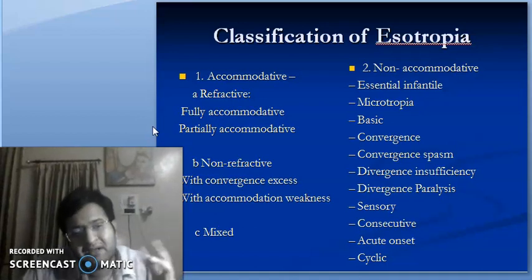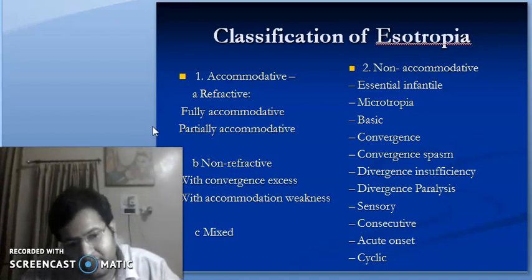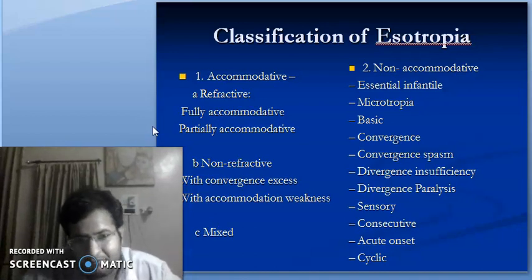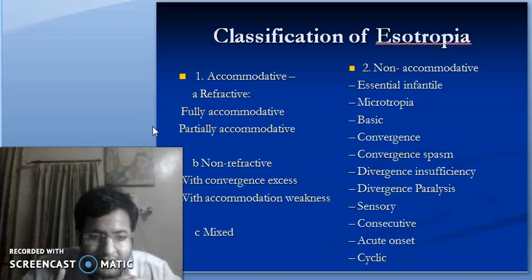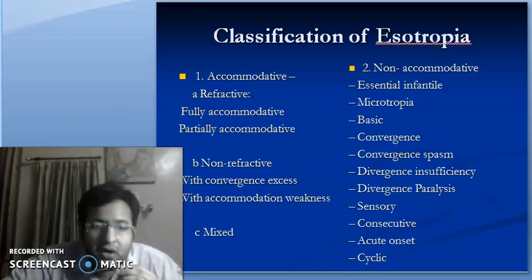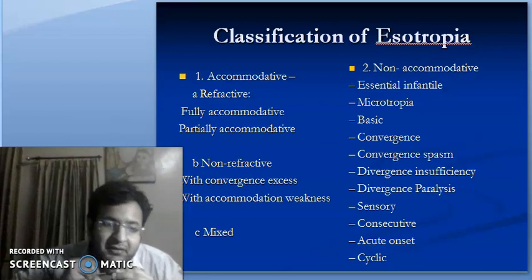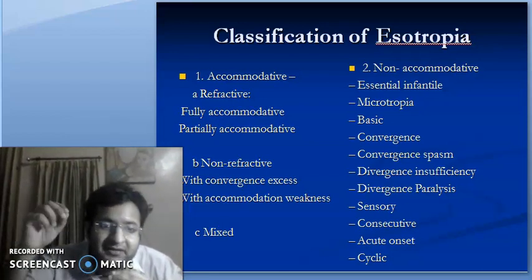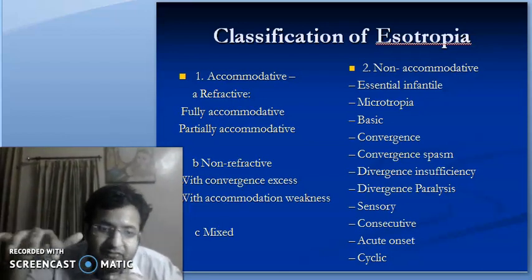It can be either excess accommodation or less accommodation, we will see. The other esotropias are classified as non-accommodative causes, in which accommodation plays no role. The accommodative esotropia can be subclassified into refractive causes and non-refractive causes.